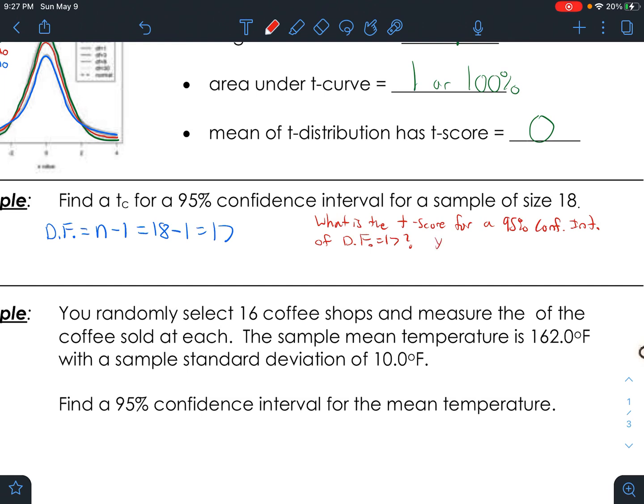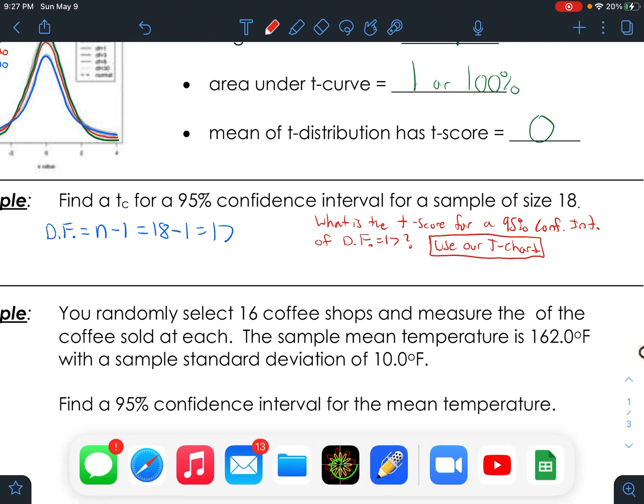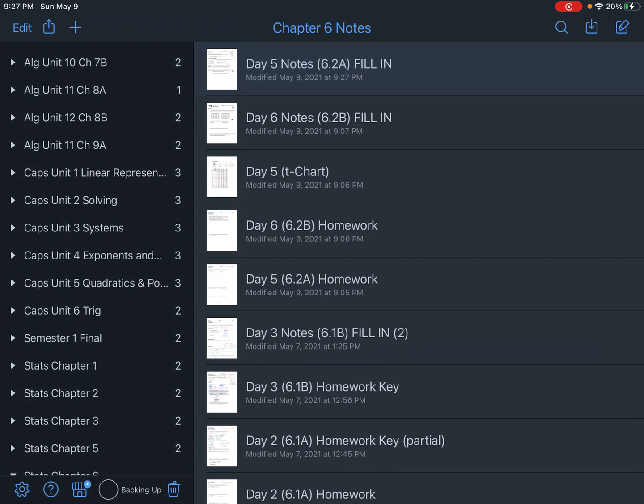How would we do this? We're going to use our t-chart. A t-chart has been provided for you. I'm going to go ahead and jump to mine.